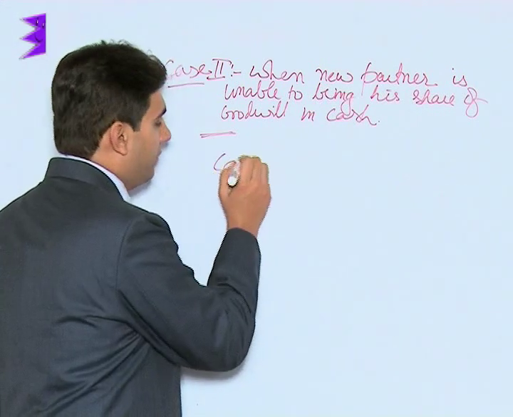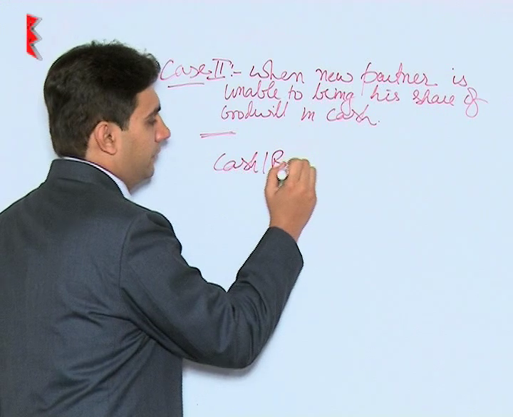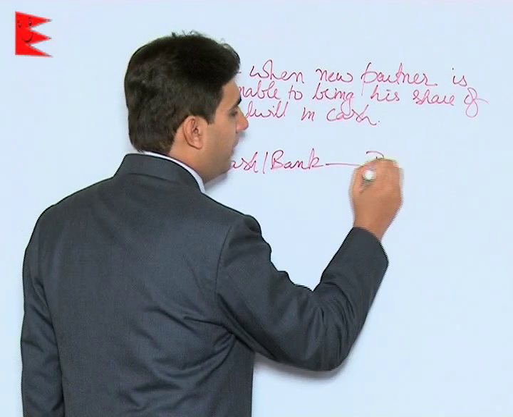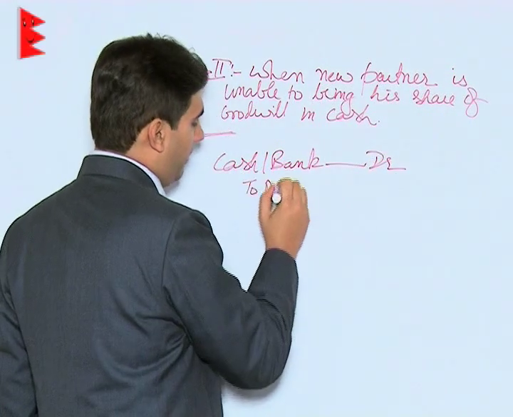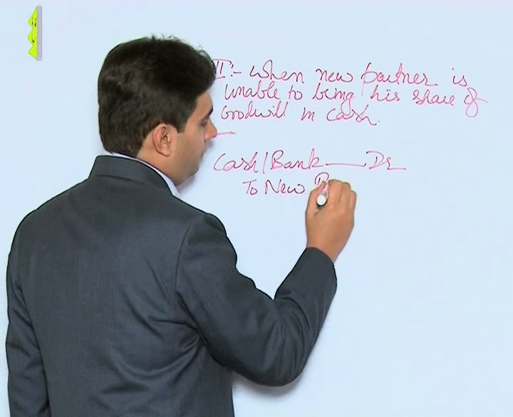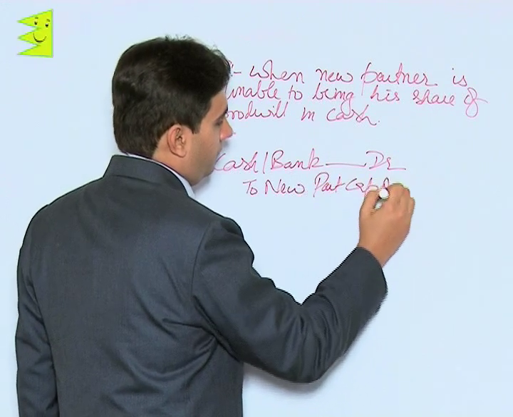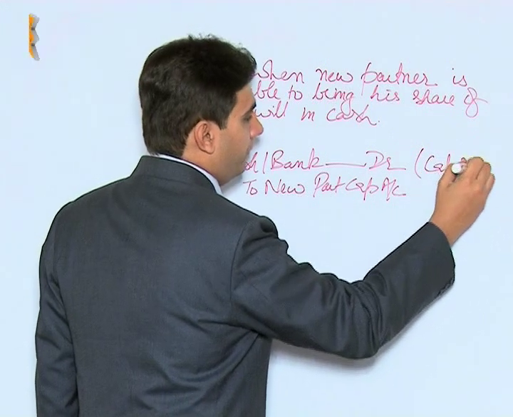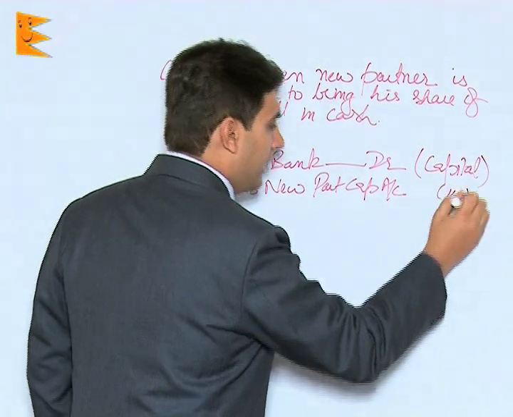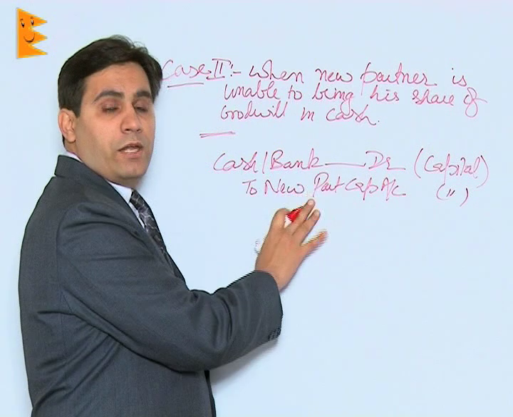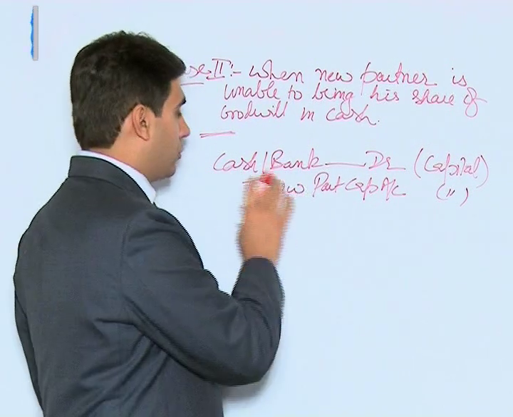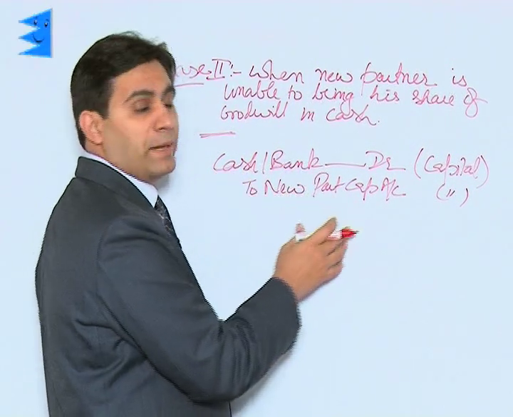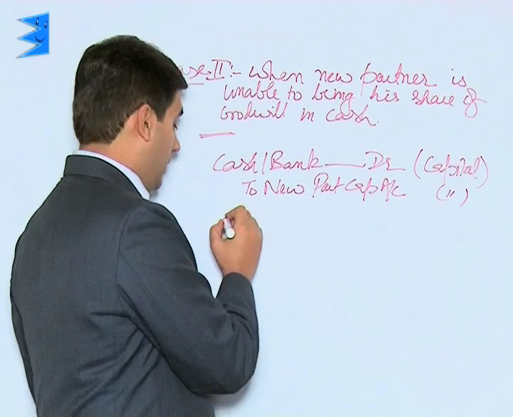The first entry would be cash or bank debited to new partner's capital account. Now students, this will only be the amount of capital. Since he is not bringing any premium for goodwill, it will not be shown here. So the entry would be cash or bank to new partner's capital.